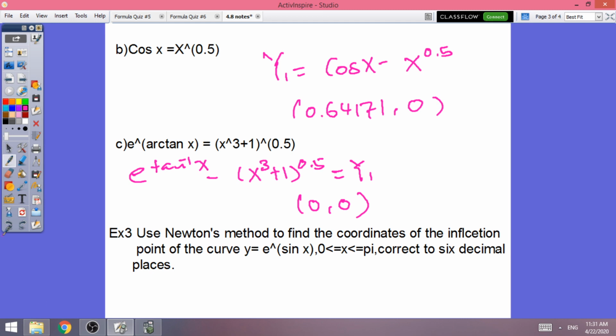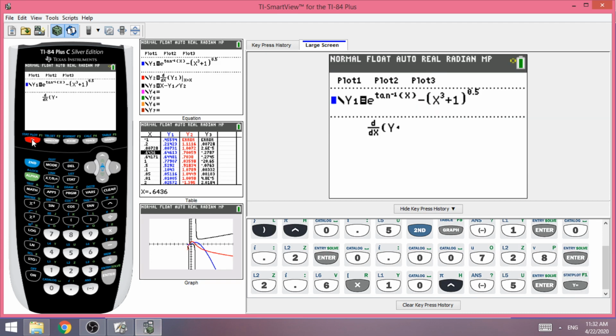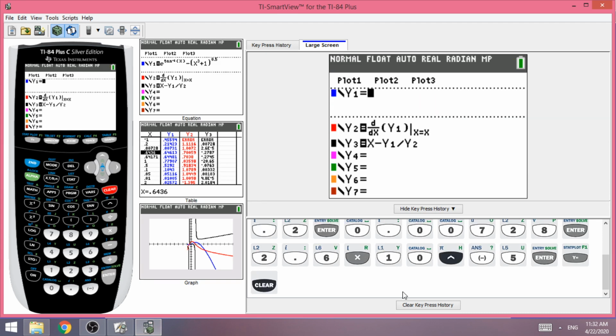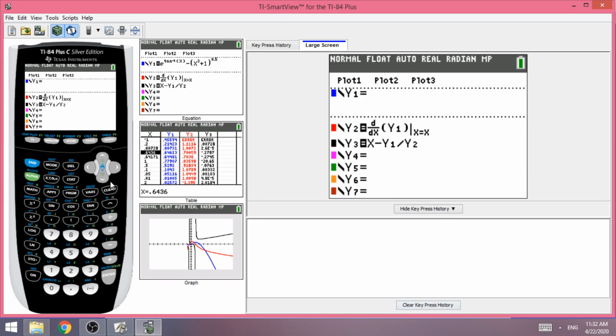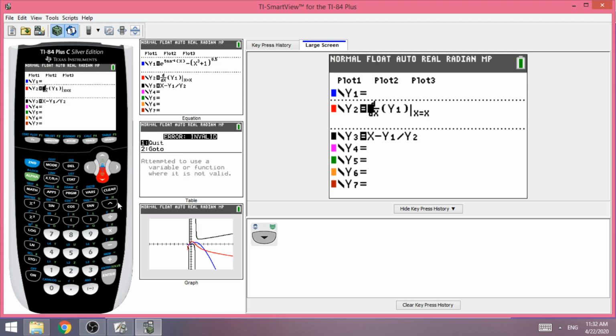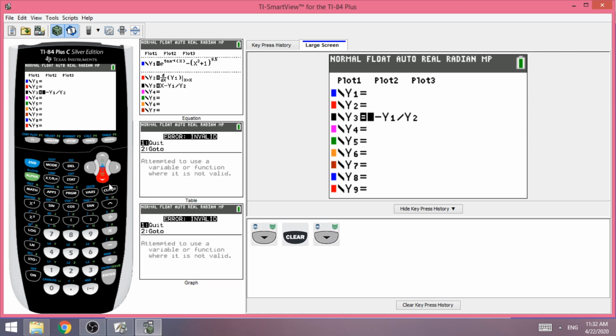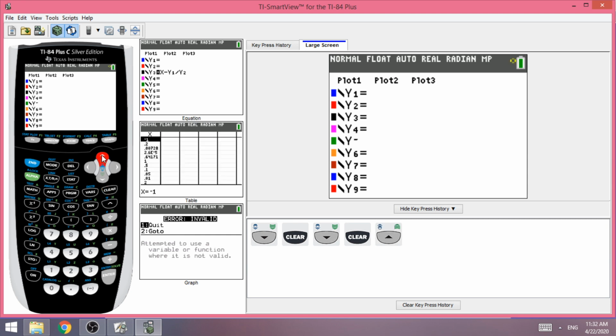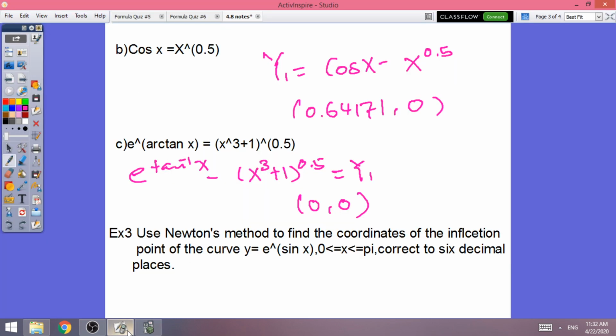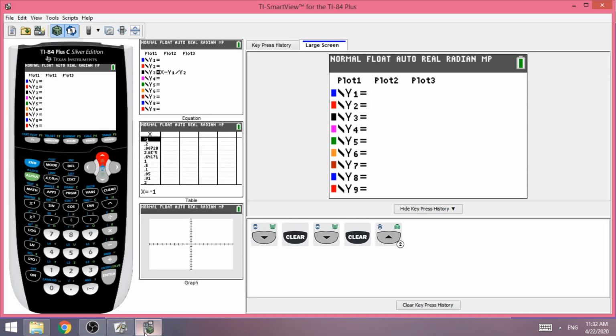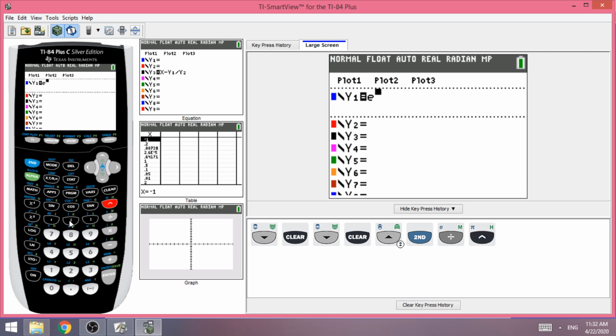So there is a lot more work we need to put into the graphing calculator. So let's just put in the function first. Let me clear everything, even the templates for y2, y3, because we need to find the second derivative. So the function that we have is e to the power of sine of x.